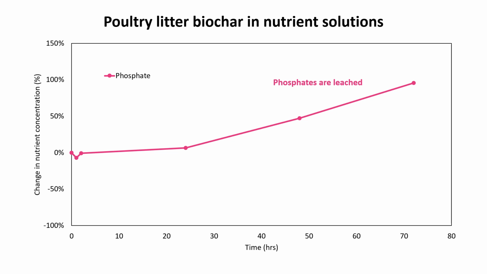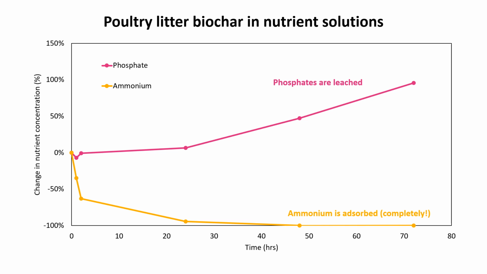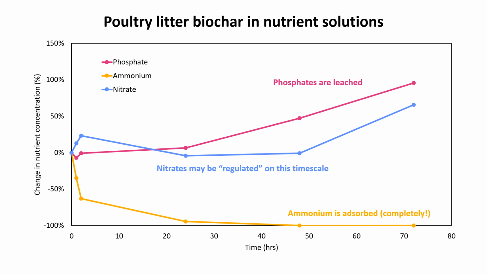So for phosphates, we did see the expected leaching behavior. Over 72 hours, we saw about 100% increase in the concentration of the nutrient solution. However, in the case of ammonium, we saw that it was completely adsorbed within 48 hours. And finally, in the case of nitrates, we did see some regulation type behavior.